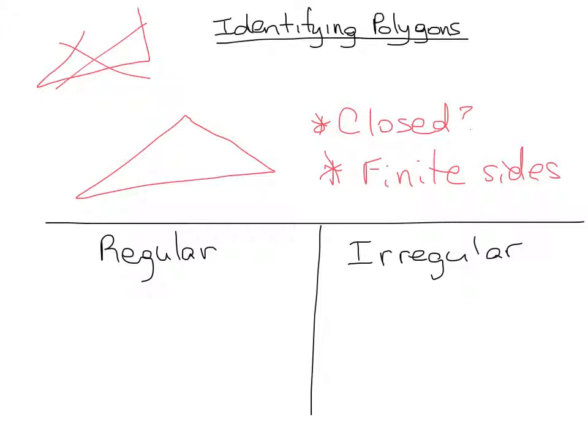So for a polygon to be regular, it has to satisfy 3 criteria. So the 3 criteria are as follows. For a regular polygon, it needs to be convex. And what do I mean by convex?